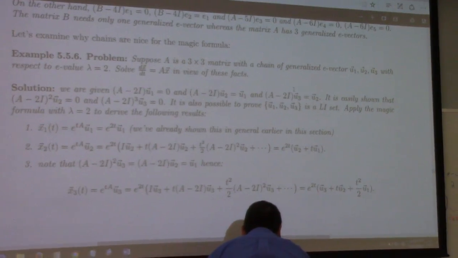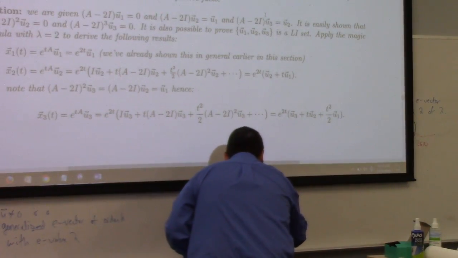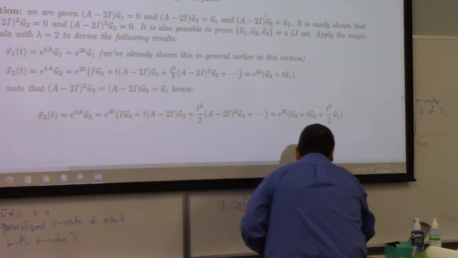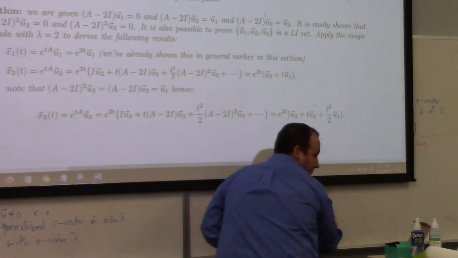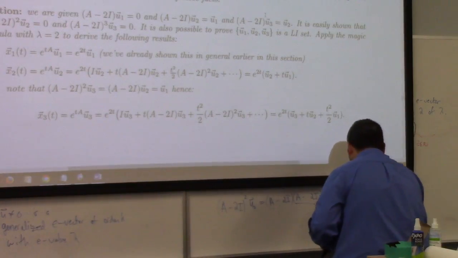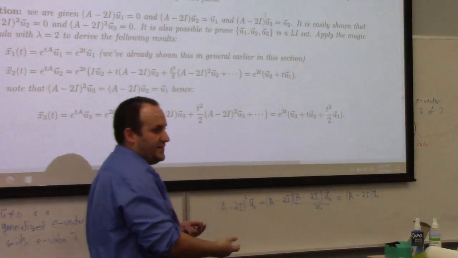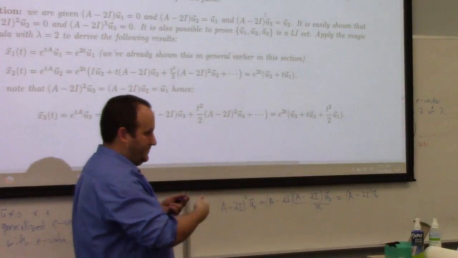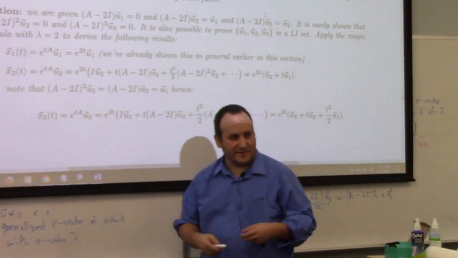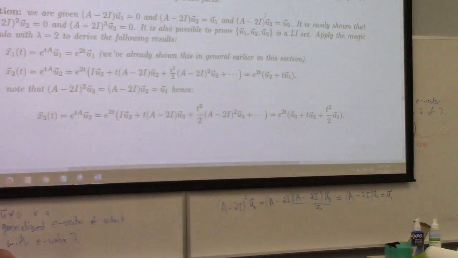(A minus 2I) squared u3 is A minus 2I times A minus 2I times u3. The first application gives you u2, and then it's u1. So that's the beauty of the chain. That's how it goes.